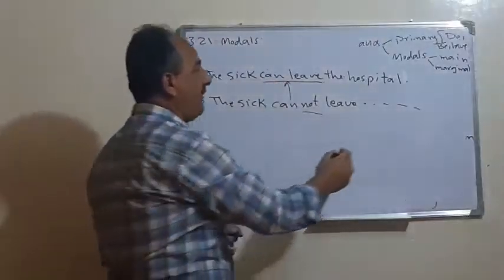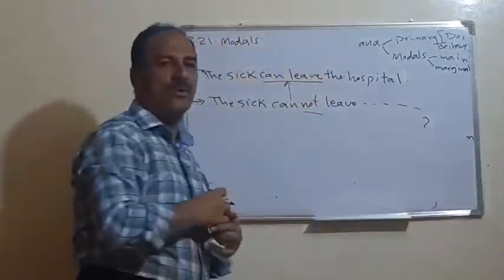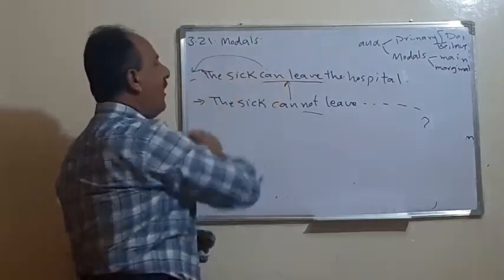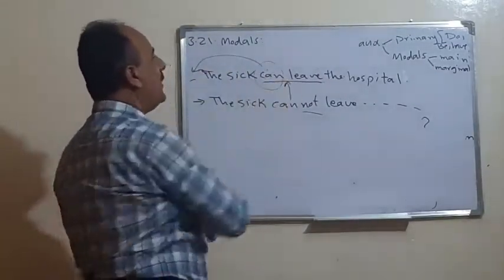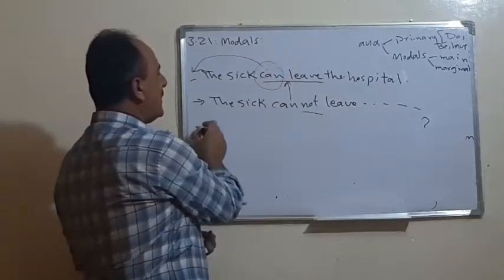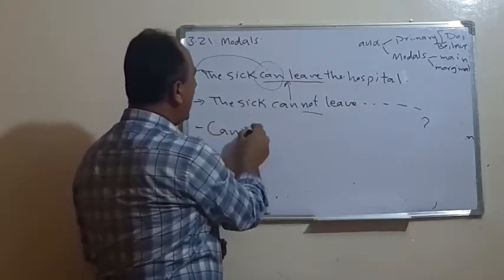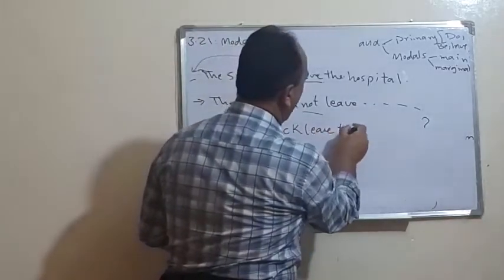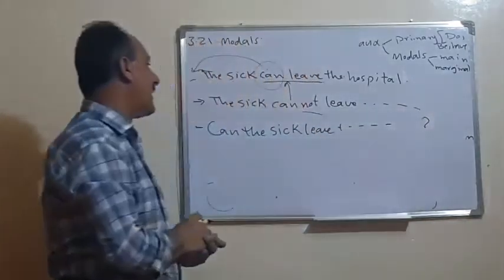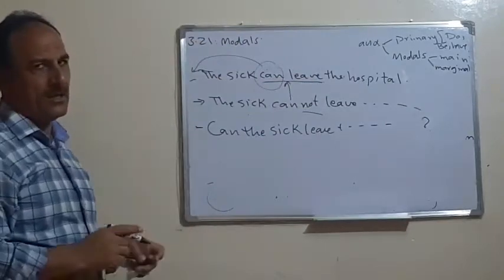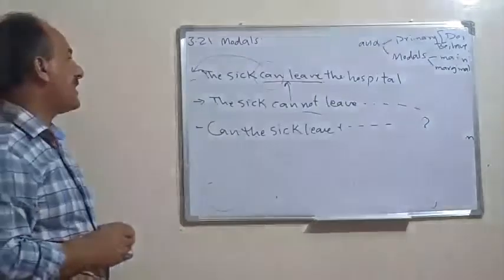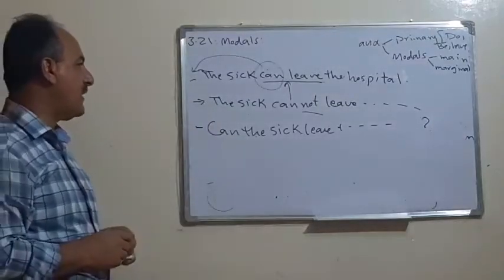And in case of a question, as with do, does and have, we just change the position of this auxiliary verb and put it at the beginning of the question: can the sick leave the hospital? Then we have a question mark. So in case of question and negation, we treat it like the previous auxiliary verbs we talked about.